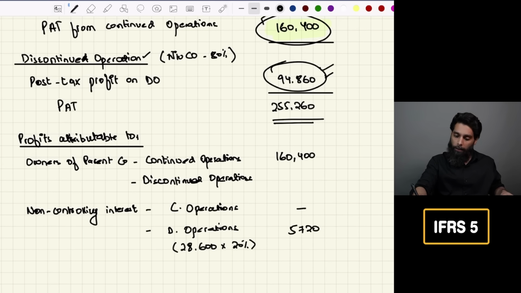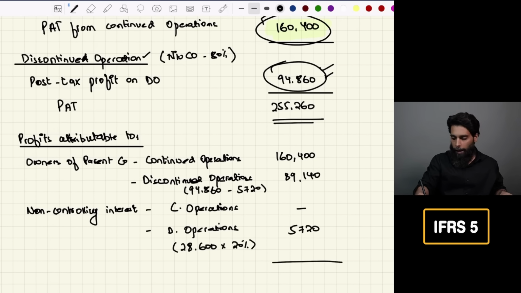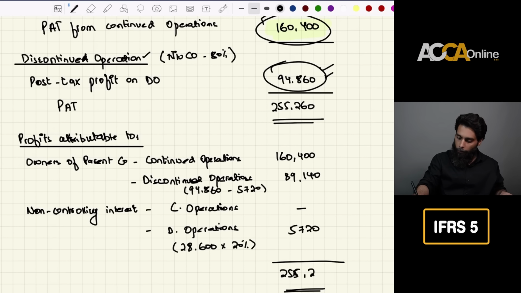Rest of all of this, 94,860 minus 5,720, which was distributed to NCI, all of this income relates to the owners of parent company, which is 89,140. And this is how you balance the total of 255,260. I mean, you can provide subtotals as well, for owners of parent company and NCI separately, but this is the total. All right.